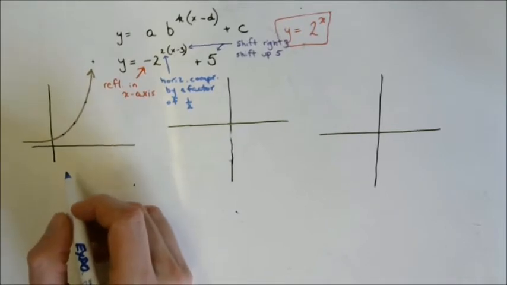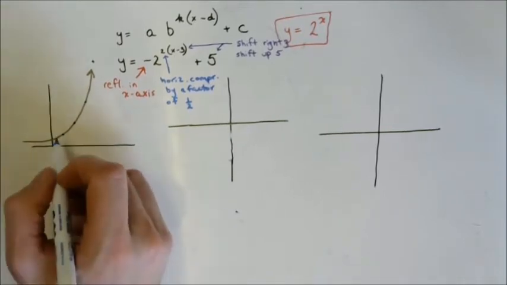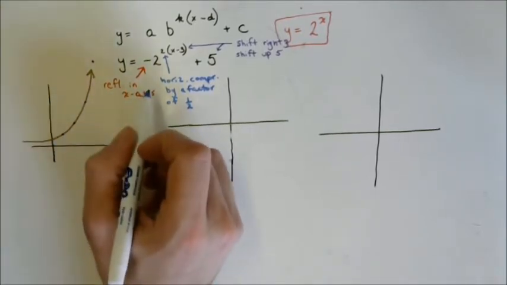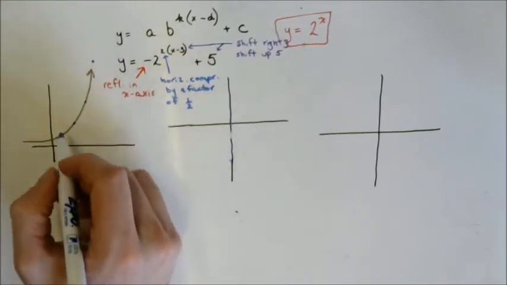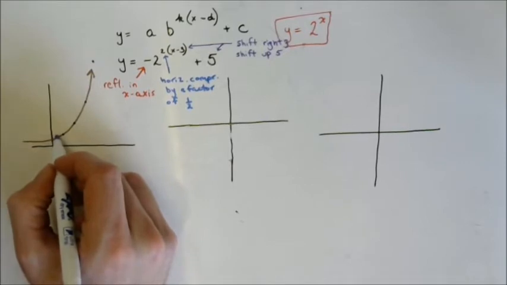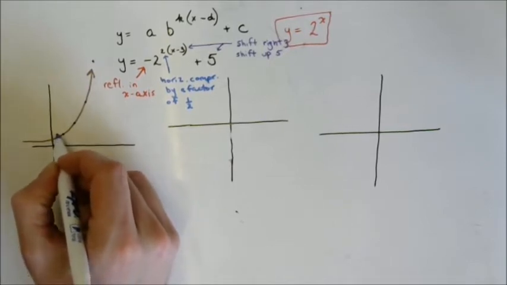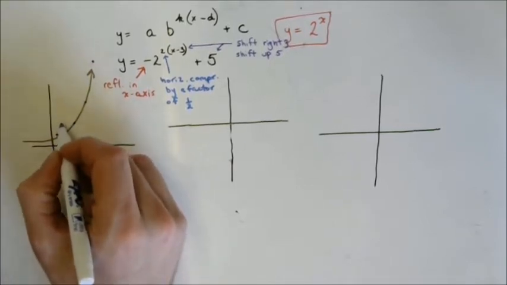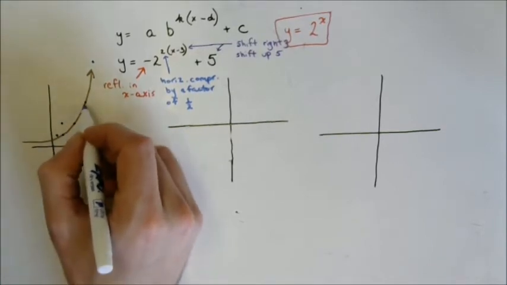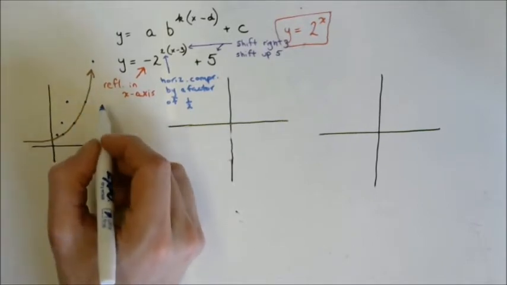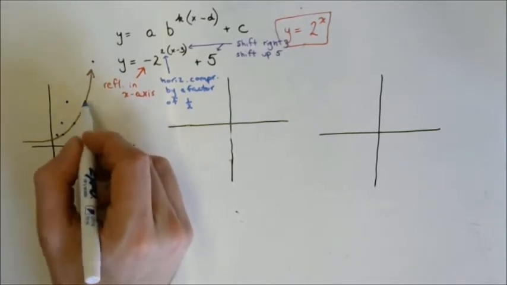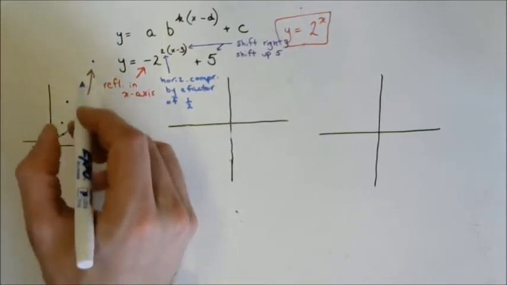I'm just guesstimating where those are, and then basically what we're going to do, because it is a horizontal compression by a factor of 1/2, is cut the distance between each of those points and the y-axis in half. If you have nice squares to do this with, you can just work from a point on the curve to the left and cut it in half.